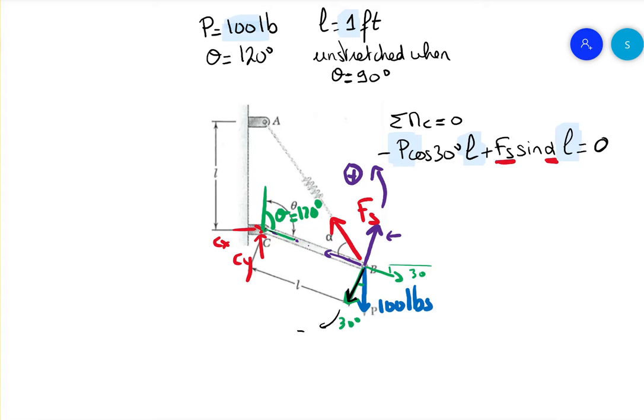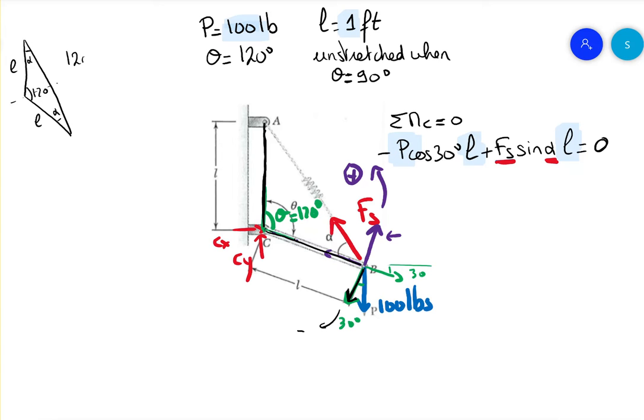Alpha. Let's look at this triangle. We have 120, we have L, and we have L. So that's an isosceles triangle. That means that both angles are the same on both sides, alpha, right?